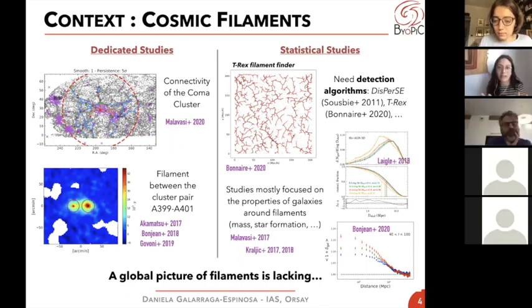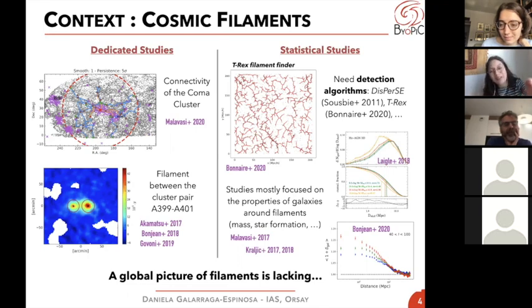That has developed a method called Nexus, which is not publicly available for the moment. Which group? It's a group in Leiden, with Rien van de Weygaert and Marius Schaap.